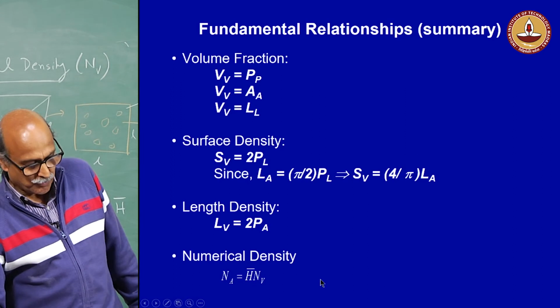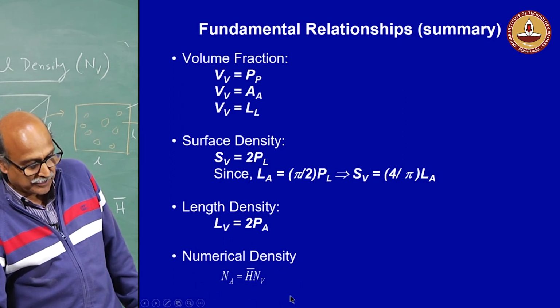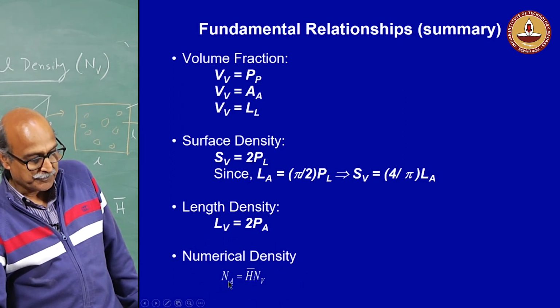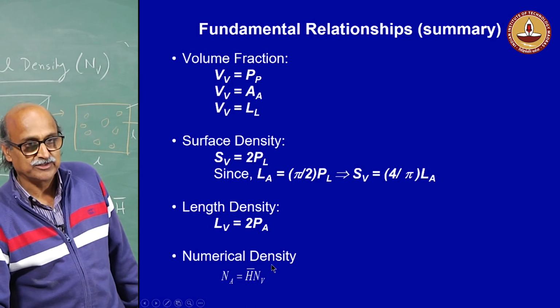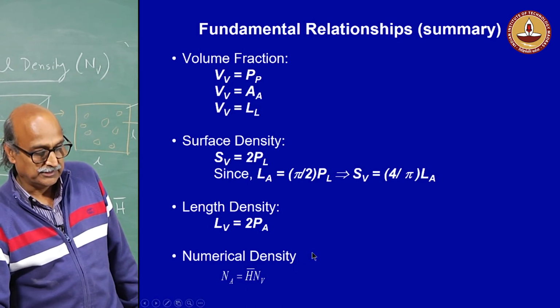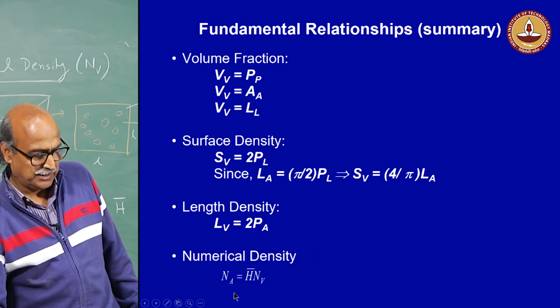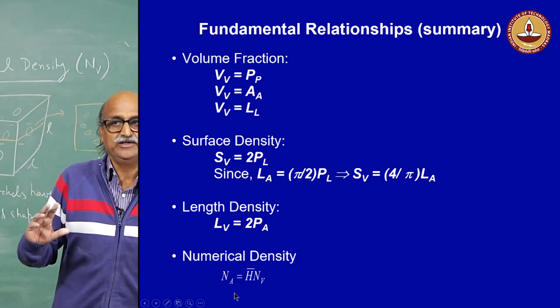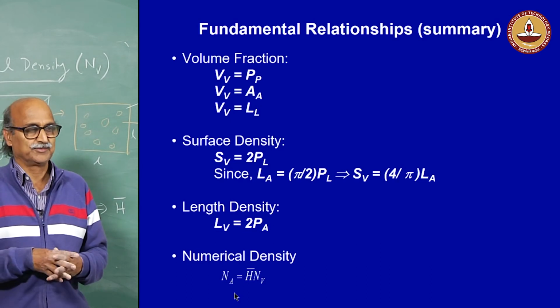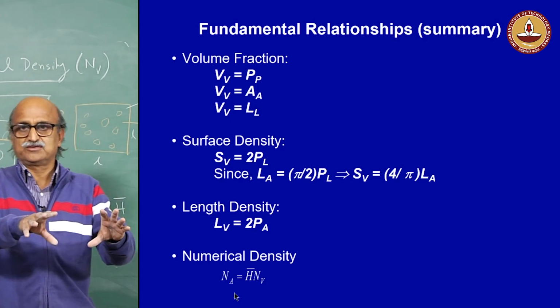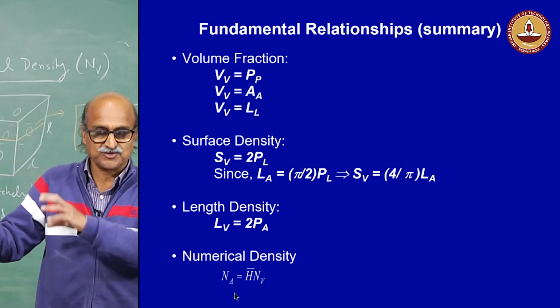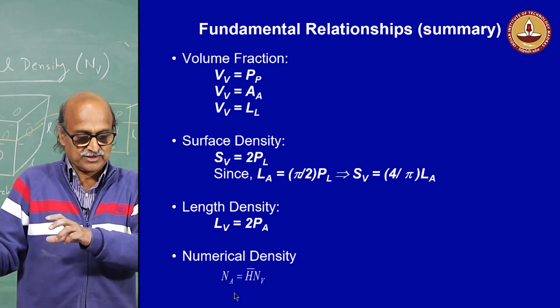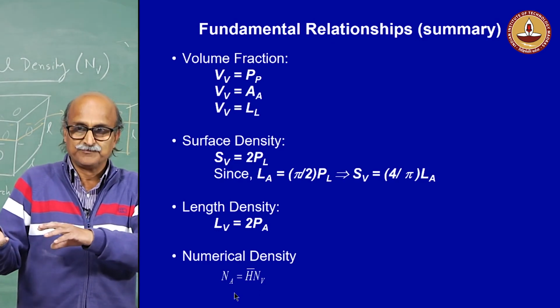I am going to talk a little bit more on the numerical density, but I think this particular lecture I will stop here, and then we will look at what are called derived relationships, where out of this we will derive some of the relationships like the particle diameter.